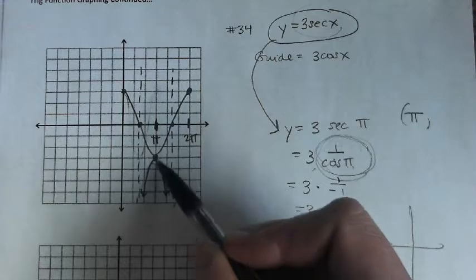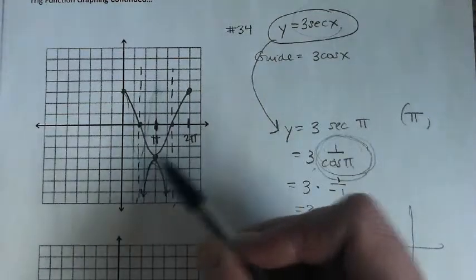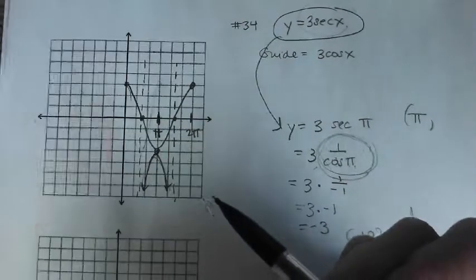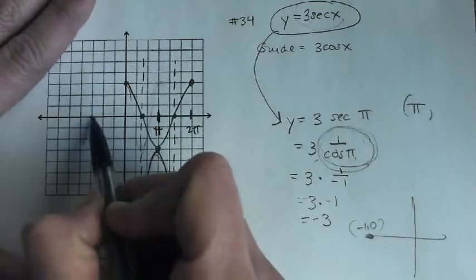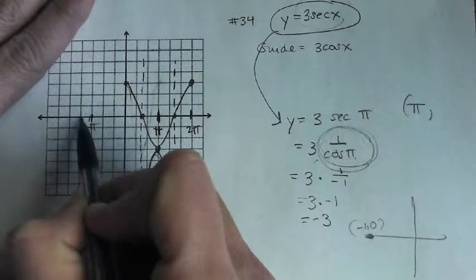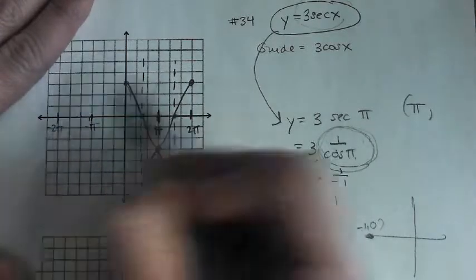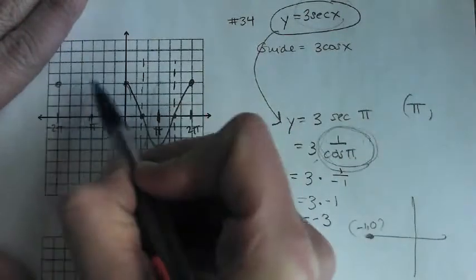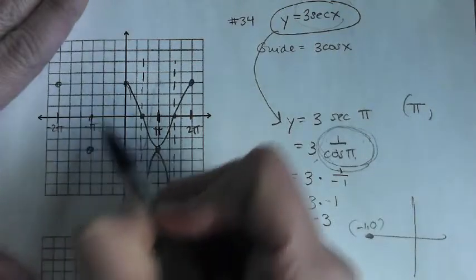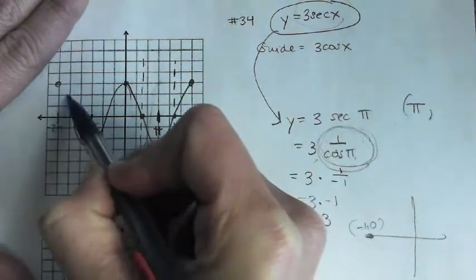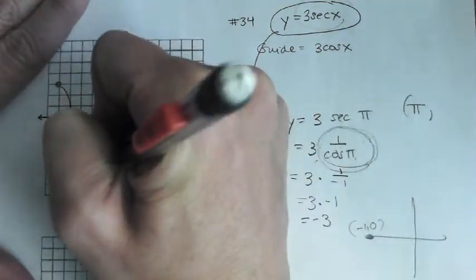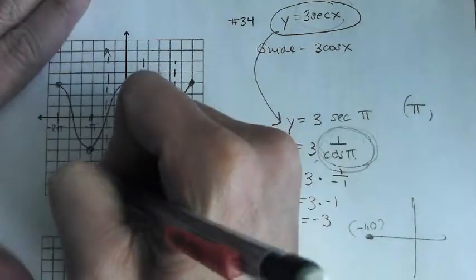Okay, so visually that's going to make your life easier, because whatever your minimum was of your guide graph is going to become the maximum of your secant graph when you sort of reflect it. Let me draw in one more cycle going this way, negative pi, negative 2 pi. A couple more asymptotes.